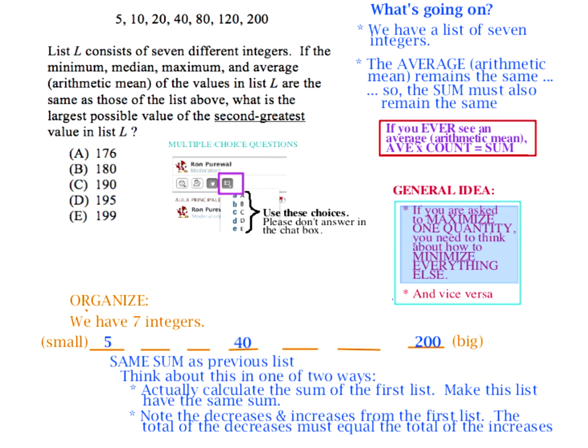If I just told you there were different integers and the top one is 200, then the biggest this could be is 199. In other words, you would not have to think about minimum, median, average, sum, or anything else. So even if you think that 199 is the answer, it's not. Just be aware of that.